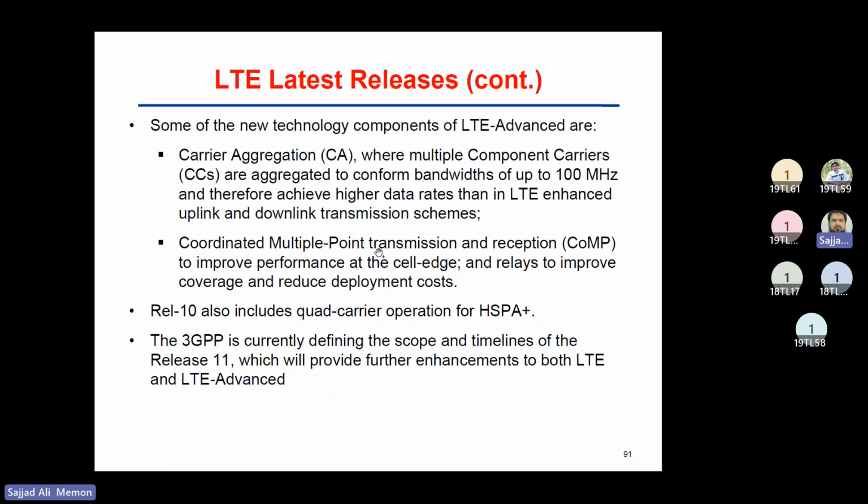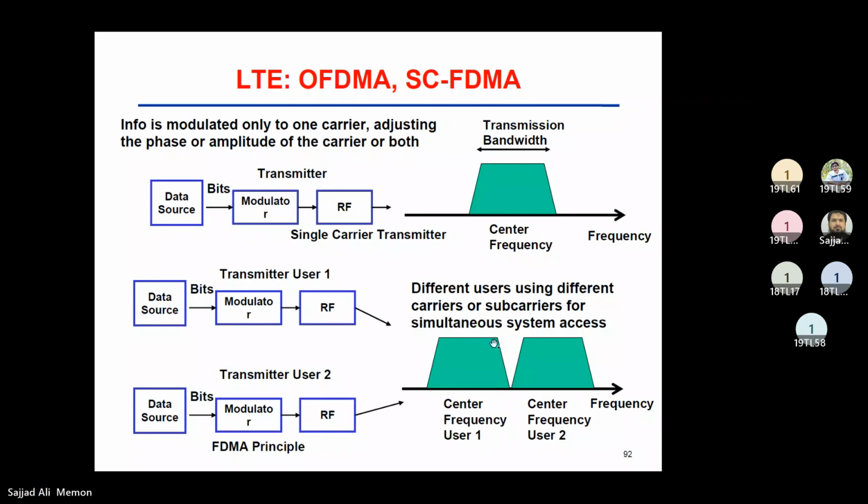That means a relay basically that will improve the coverage and reduce the deployment cost. Release 10 also includes quad carrier operation for HSPA+, that means four carrier operation for HSPA+, and 3GPP is currently defining the scope and timelines for Release 11, which will provide further enhancements for LTE and LTE Advanced.